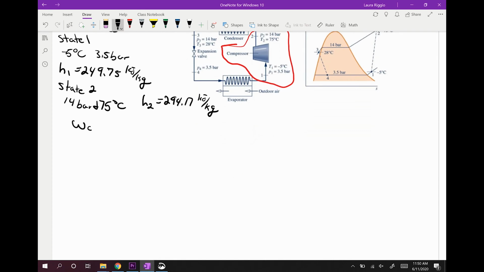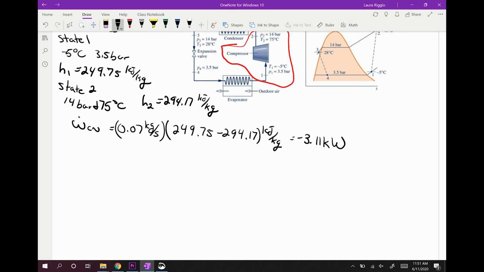So our work is 0.07 kilograms per second times our change in enthalpy, which is minus 3.11 kilowatts.